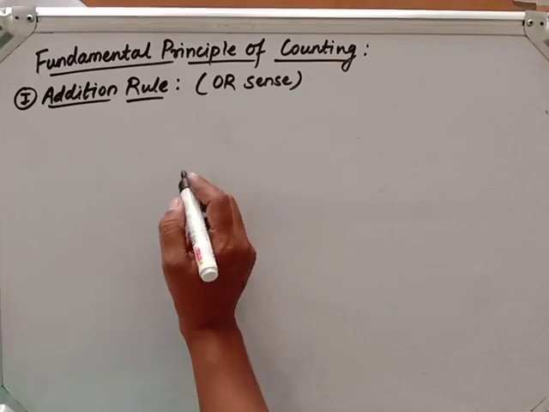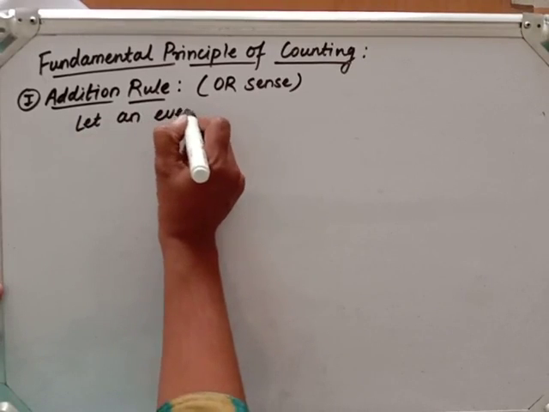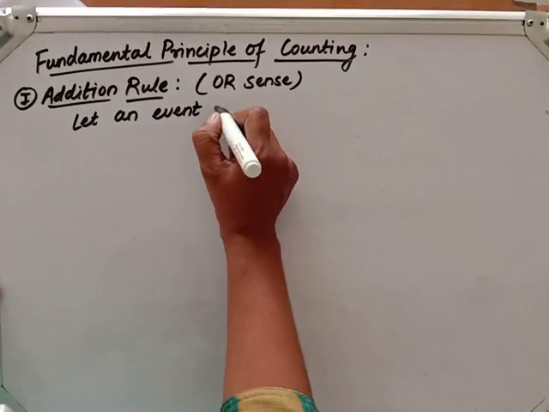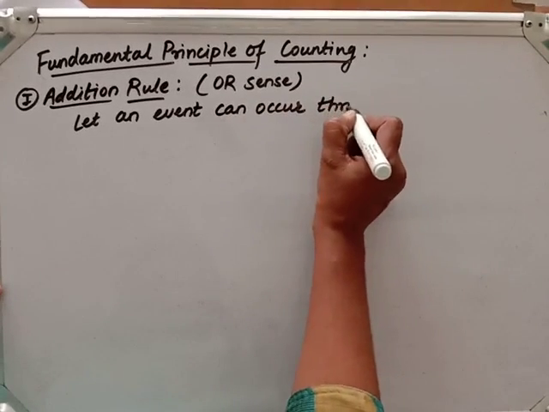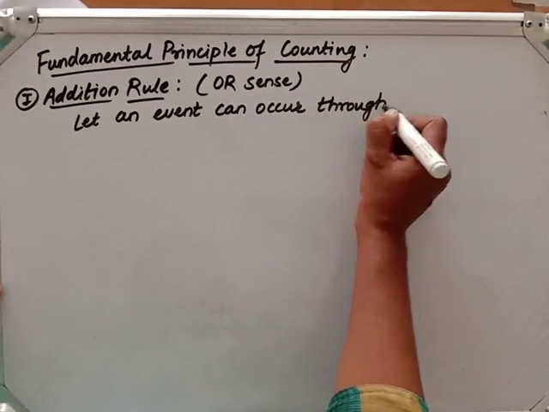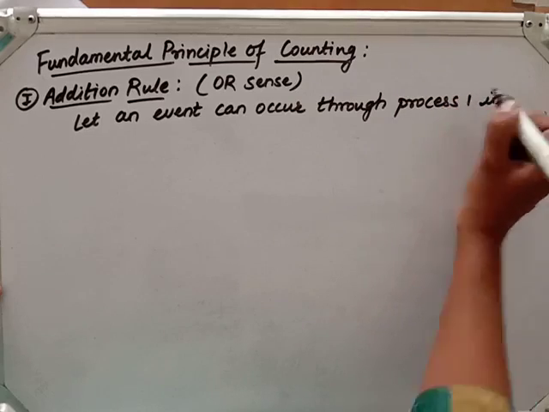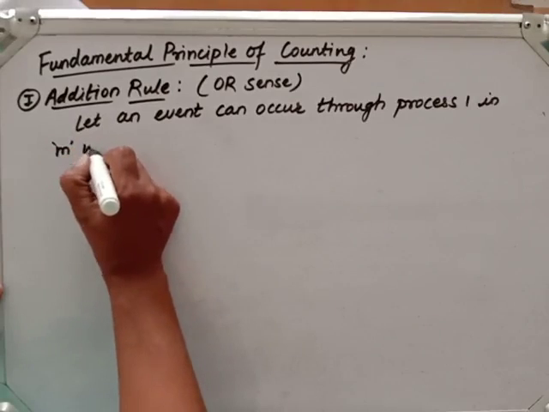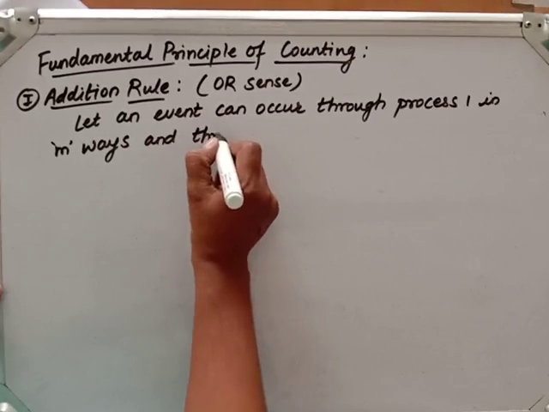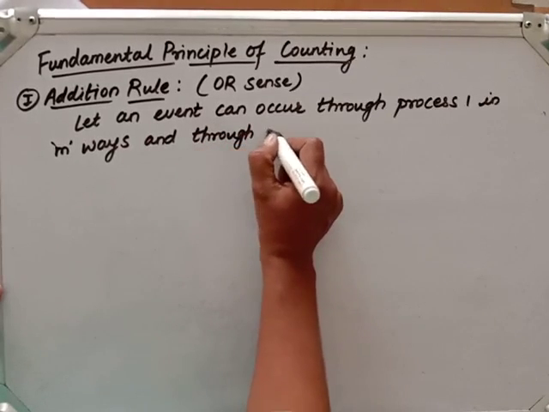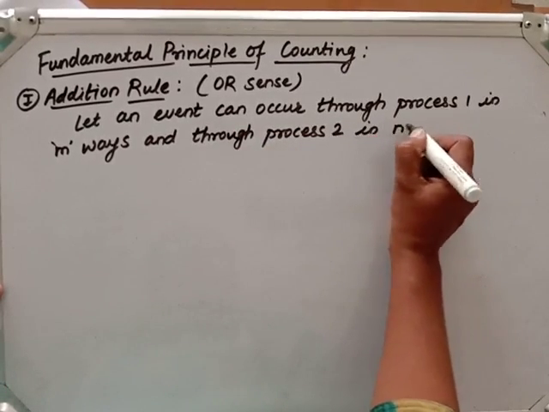Now what is it exactly? The statement of this is: let an event occur through process 1 in m ways and through process 2 in n ways.